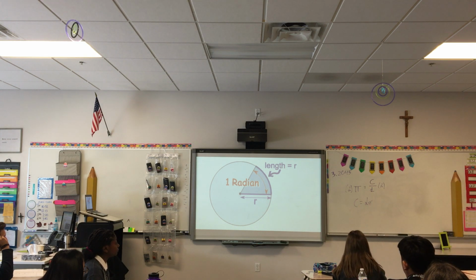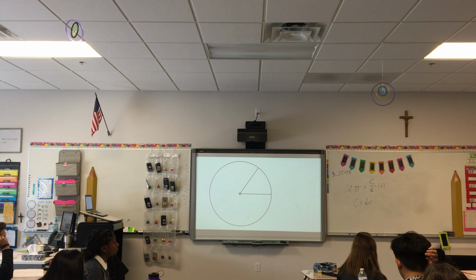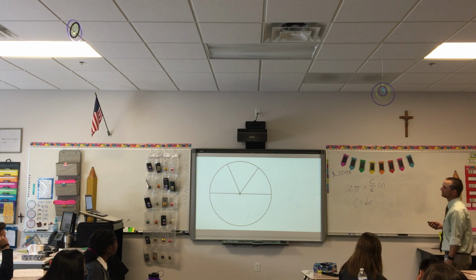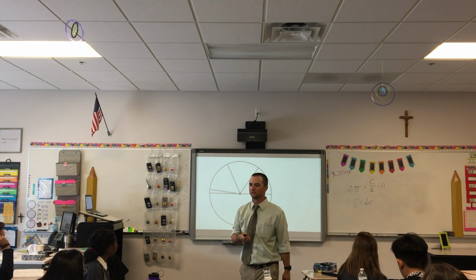So how do we determine if it's radian? Good question. We'll get there. So, you guys said about 3 radians in half a circle, right? About 3. Kind of looks like that. Well, in half a circle, we have 1, 2, 3-ish. There's a little bit extra.